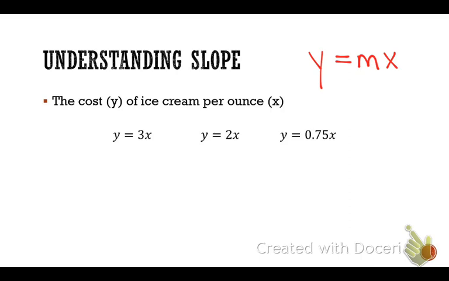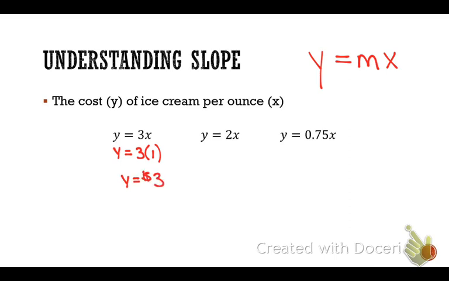So let's just give x a random value of 1. If I gave x a value of 1, y equals, and I want to buy 1 ounce. So let's say I walk up to the counter and I say, ma'am, I would like to have 1 ounce of vanilla ice cream. How much is she going to say your cost is? $3.